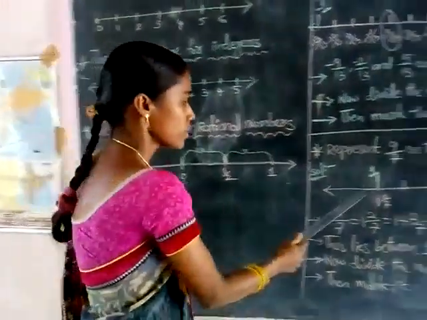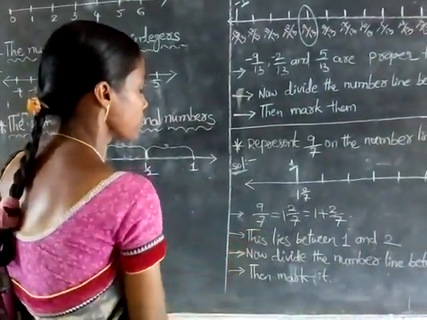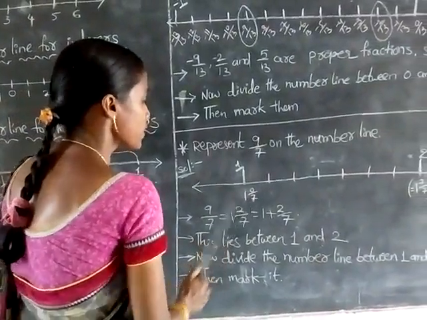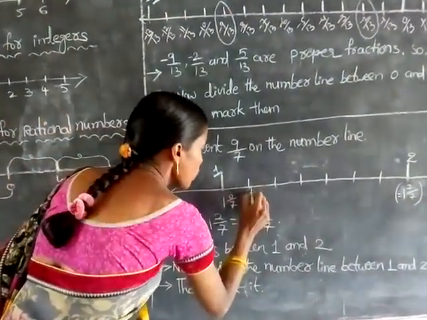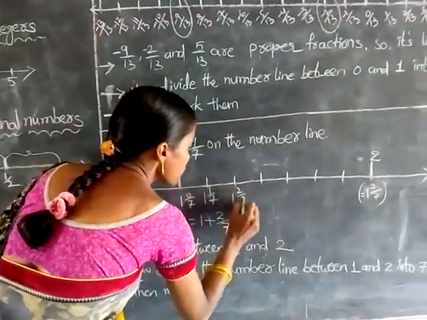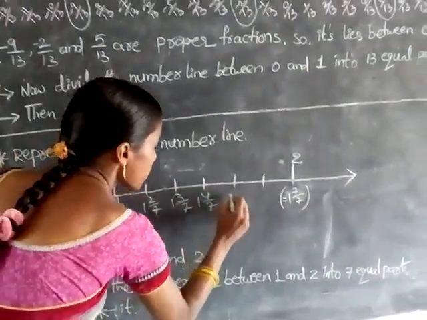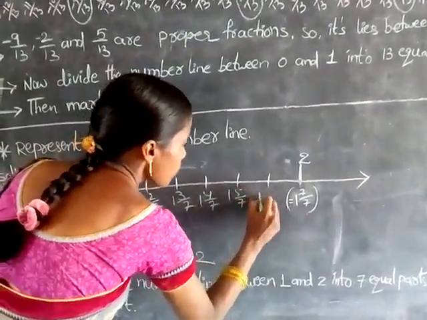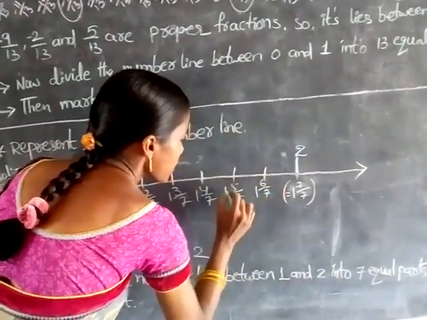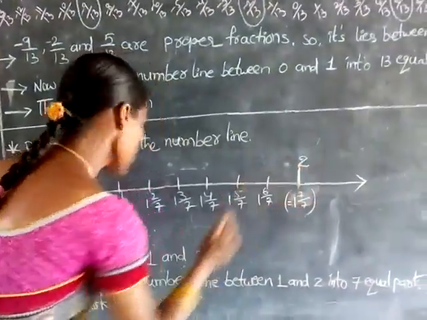Now the numbers will be 1 0 by 7, 1 1 by 7, 1 2 by 7, 1 3 by 7, 1 4 by 7, 1 5 by 7, 1 6 by 7, and 1 7 by 7 which is 2.